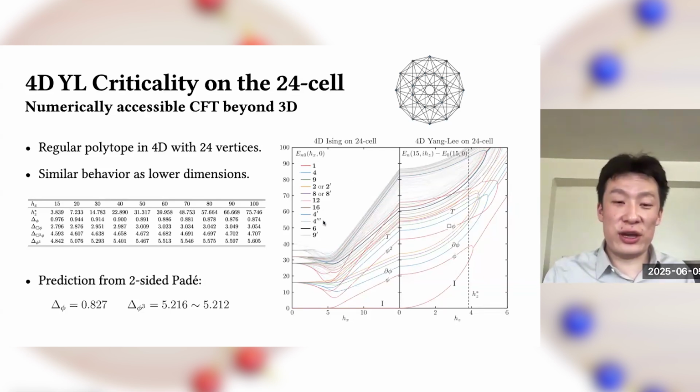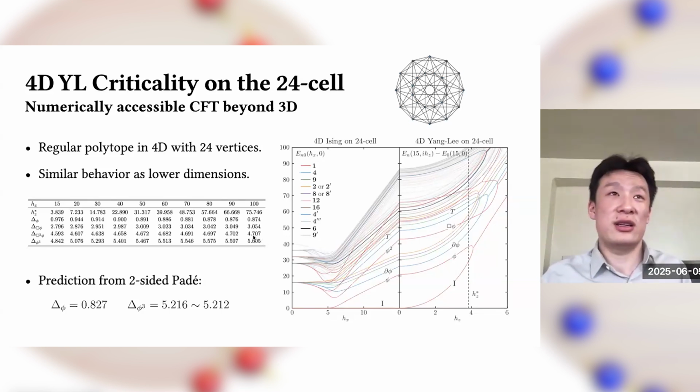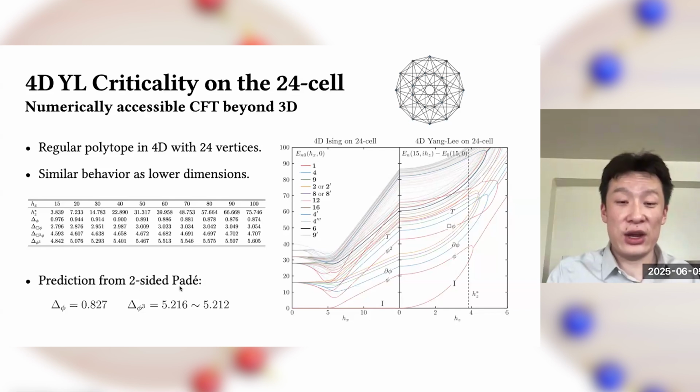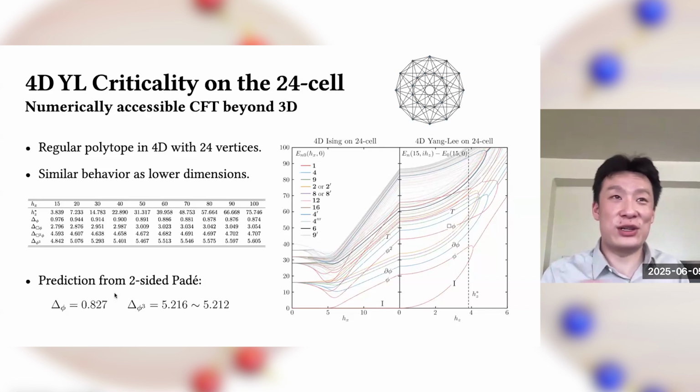But long story short, we obtained delta phi and delta phi cube among some descendant levels. And we can determine delta phi that is pretty close to the two-sided Padé, which should be more accurate than in three dimensions because it's closer to six dimensions, where everything is perturbative, right?